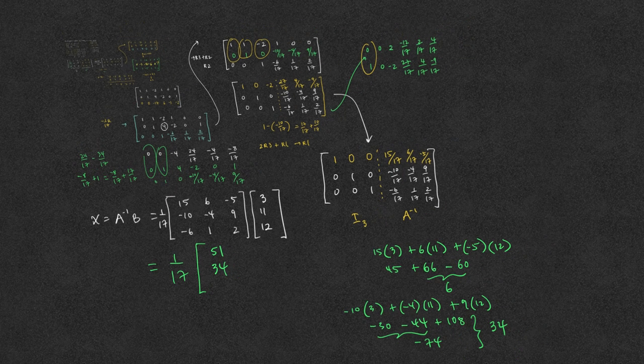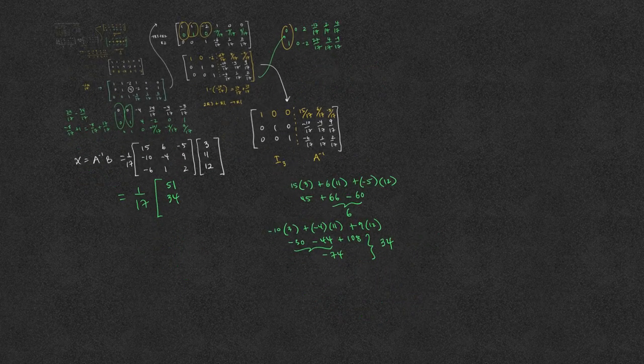The third entry comes from the inner product of the third row and the only column. This is negative 6 times 3 plus 1 times 11 plus 2 times 12. Negative 18 plus 11 plus 24. 11 plus 24 is 35. 35 minus 18 is positive 17.